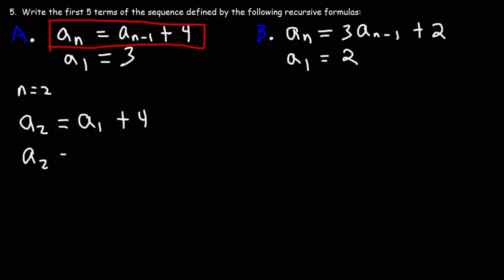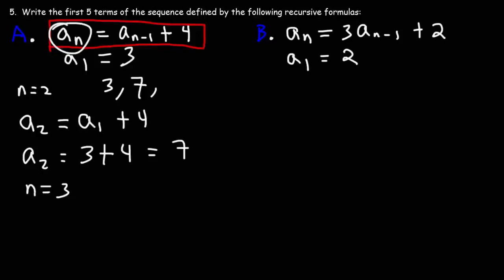So the second term is going to be the first term, 3, plus 4, which is 7. So we have 3 as the first term, 7 as the second term. So now let's find the next one. So let's plug in 3 for n. So this becomes a sub 3.